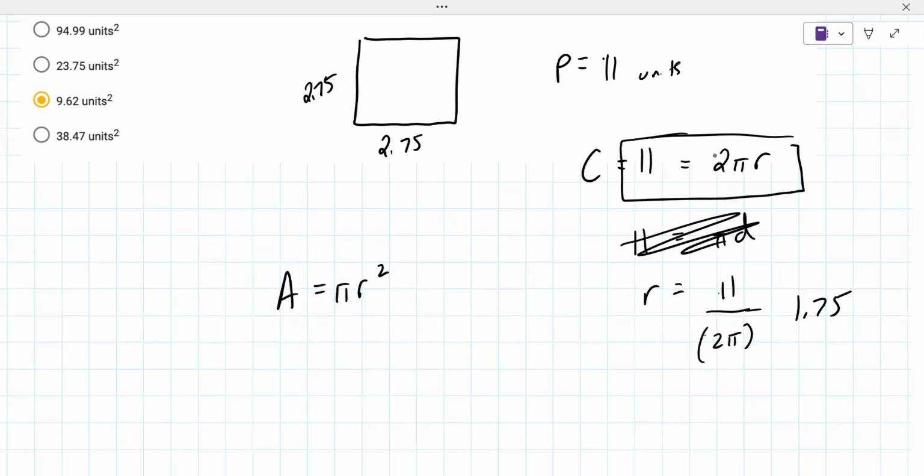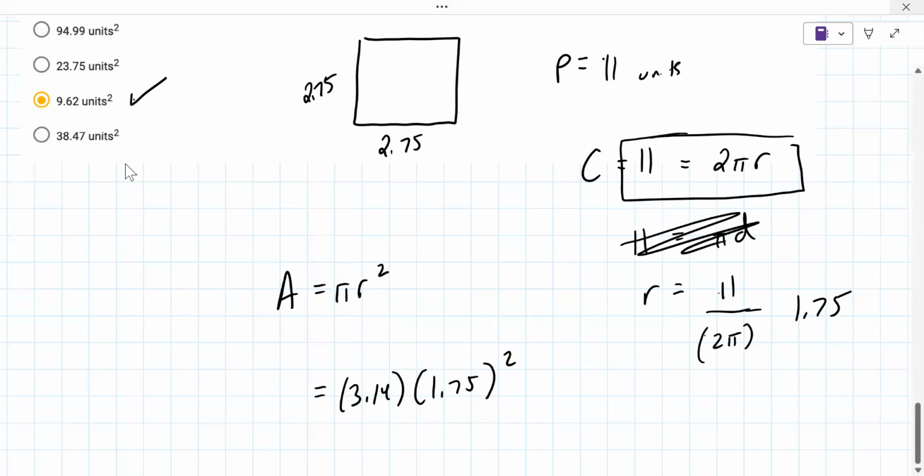Okay, so now you put that in the area formula: 3.14 times 1.75 squared. Yeah, I guess your answer is right.